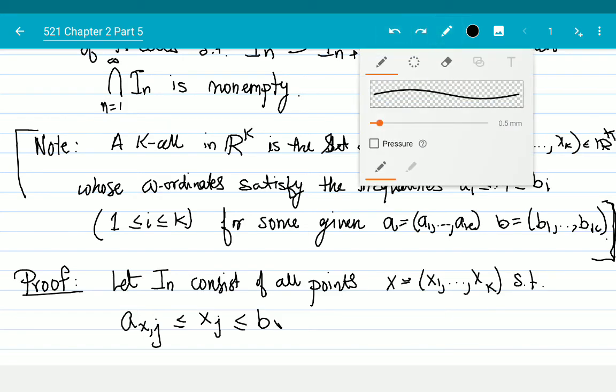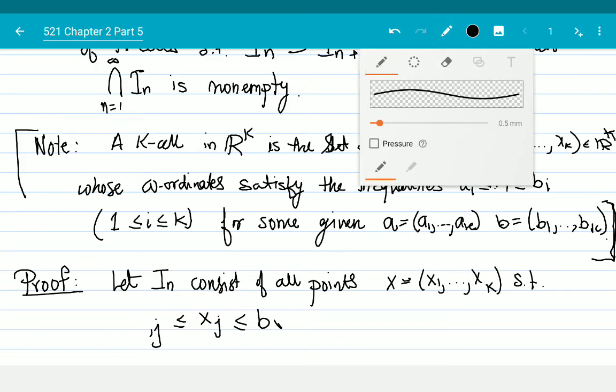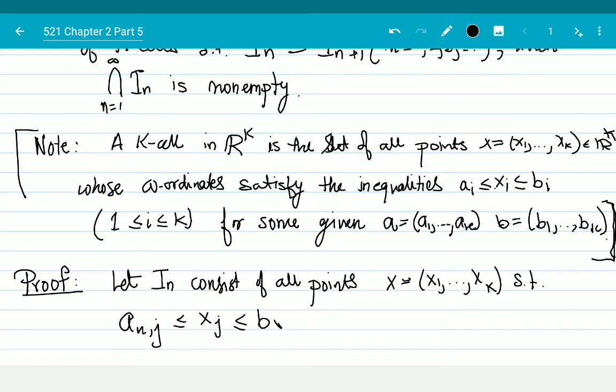So it should have been an n comma j: a_{n,j} ≤ xj ≤ b_{n,j} for every 1 ≤ j ≤ k, and n = 1, 2, ... Okay?